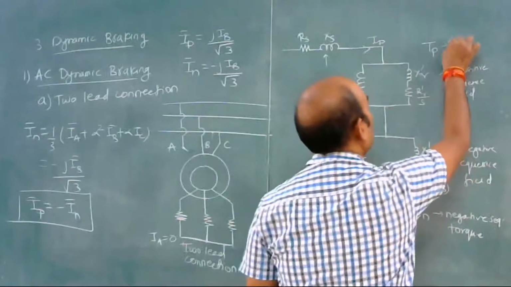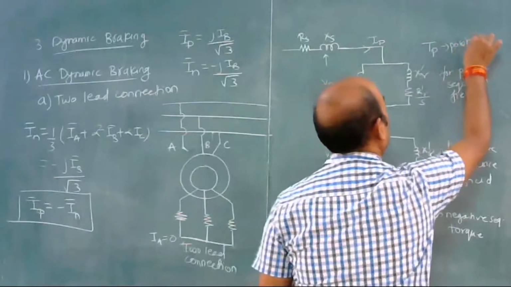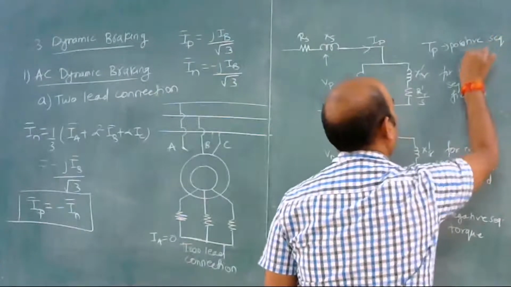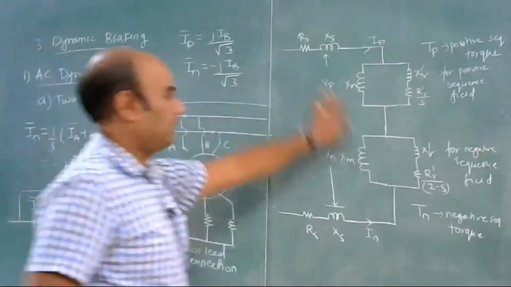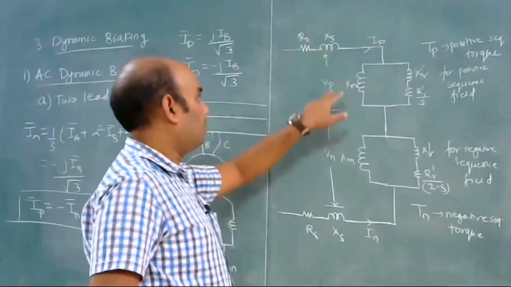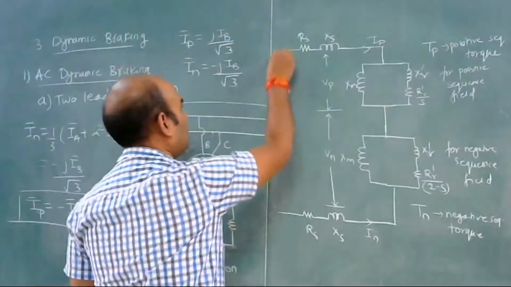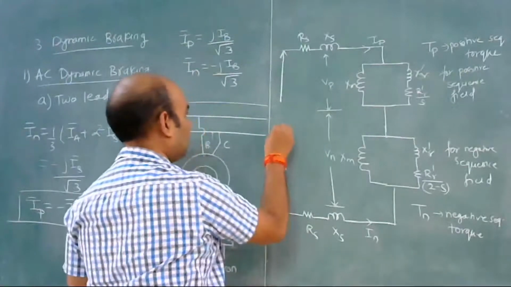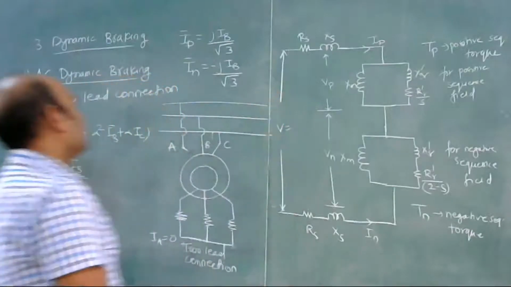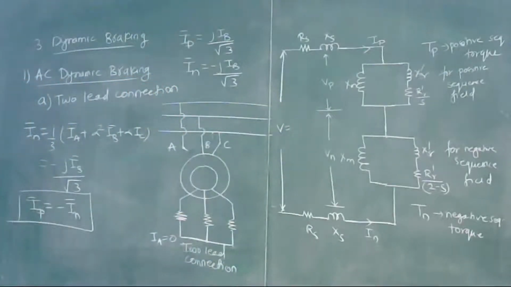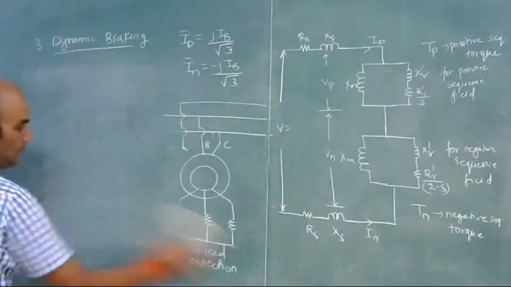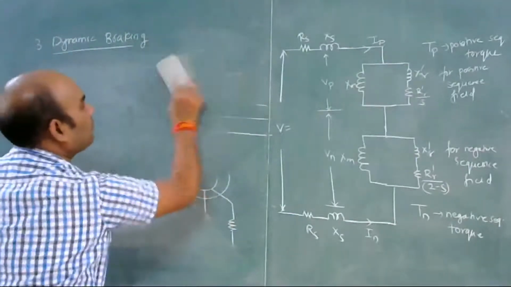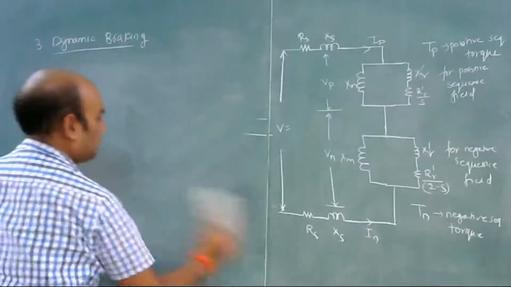Once we get this equivalent circuit diagram, the voltage across this is V. So we have to derive this voltage, which is given to this circuit diagram.